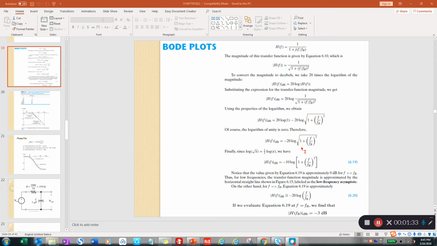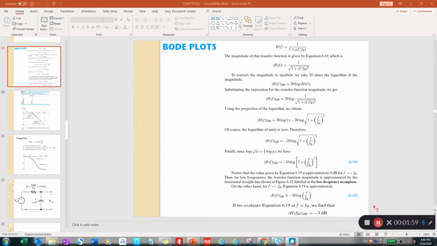And that is what you should remember. The value is -3. So if f equal to fb, the amplitude of the transfer function in dB will be equal to -3 dB. This is the most important point, f equal to fb.